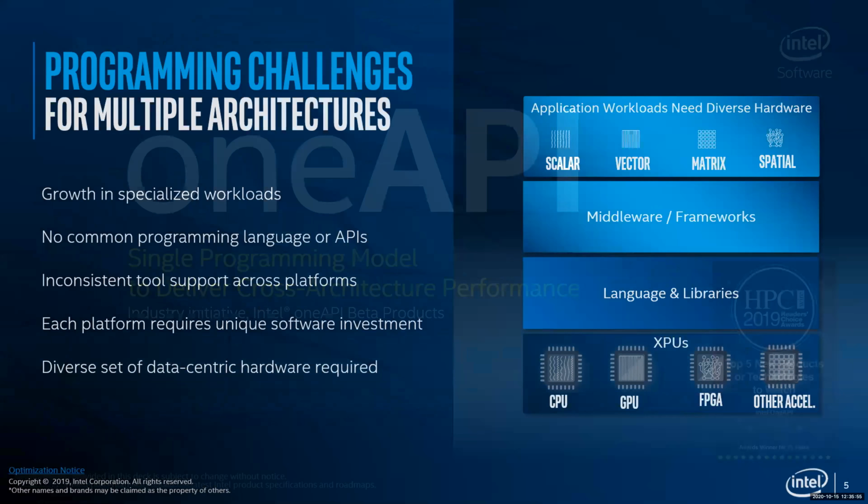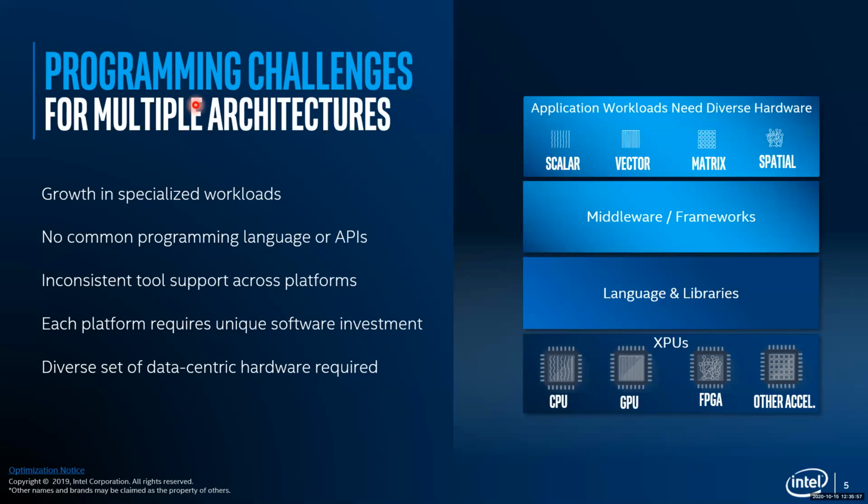with OneAPI. So it was recognized that today each kind of data-centric hardware typically needs to be programmed uniquely, and there are different languages, different libraries. They're all unique, and it requires maintaining a whole bunch of different code bases and libraries.